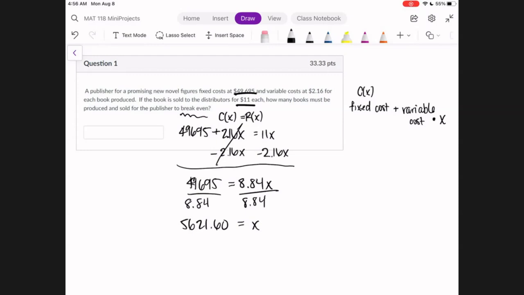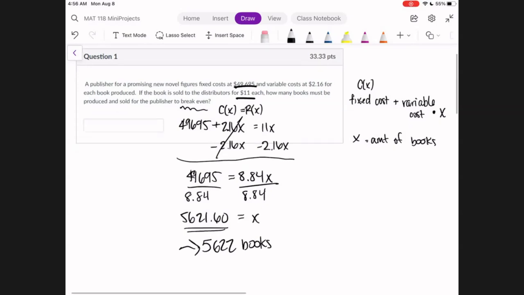So this is how many books, right? Because x is the amount of books. So I could technically say that this is 5,622 books, roughly when it breaks even, if I wanted to round to the nearest book.